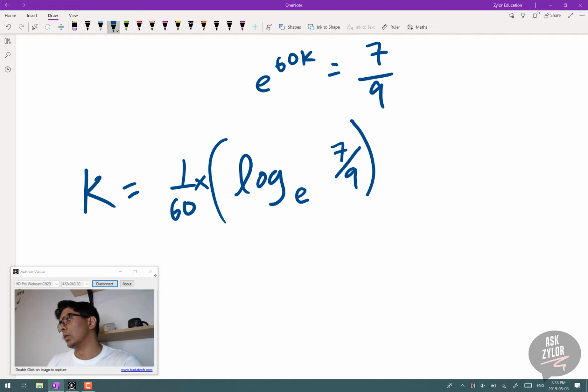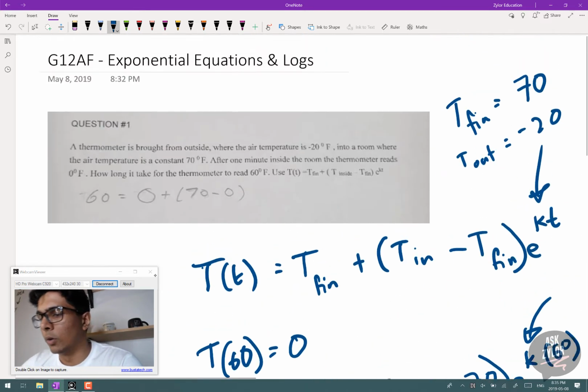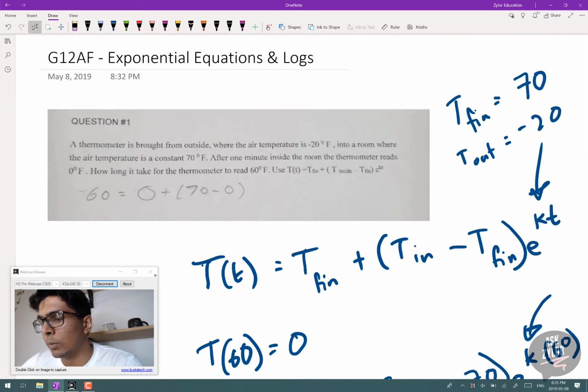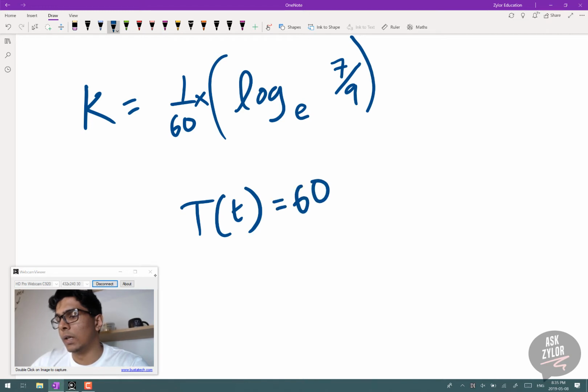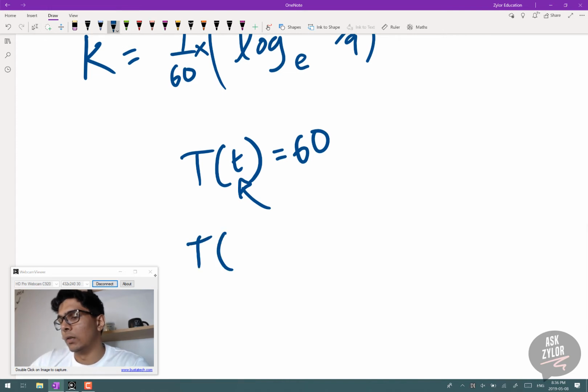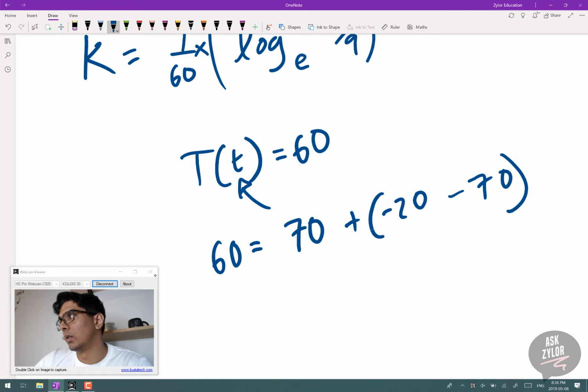Right. So what I can then do is, if I go back to the question, they're asking how long will it take the thermometer to read 60 degrees Fahrenheit? That means my T of t would be 60. I need to find out what the time is now. Right. So I'm going to say T of t would equal 60. So I'm going to replace the initial equation I was given with 60 is equal to 70 plus negative 20 minus 70, e to the kt over 60.